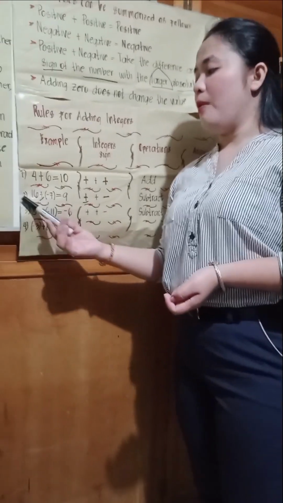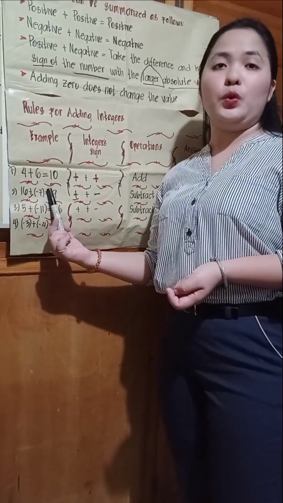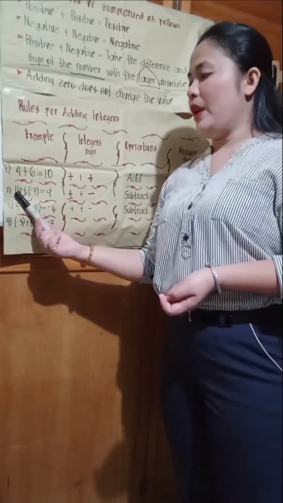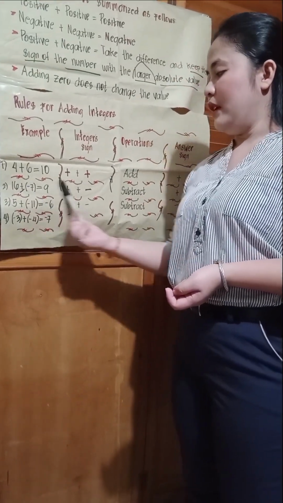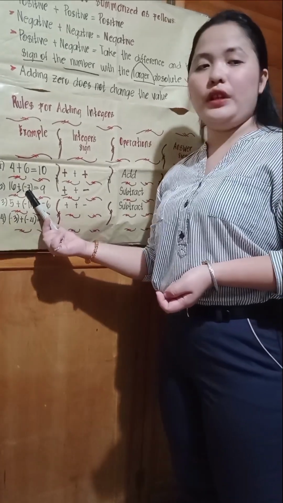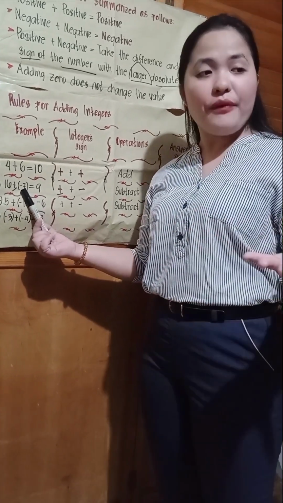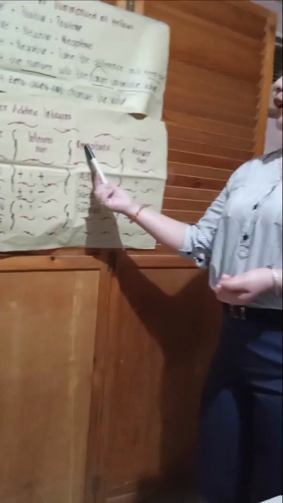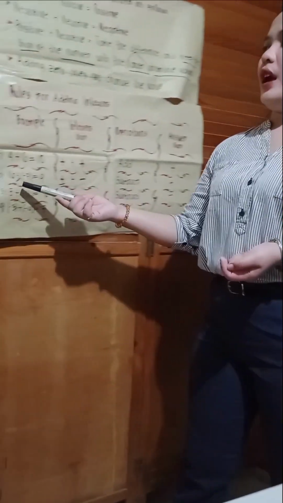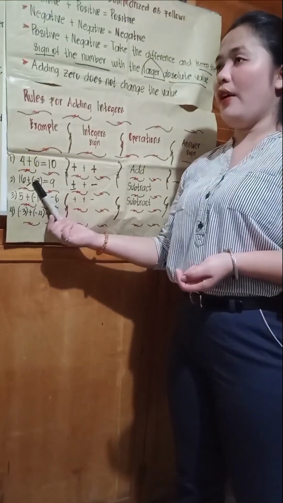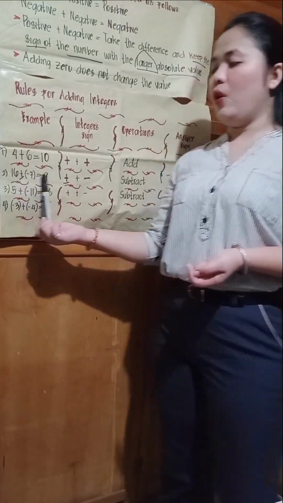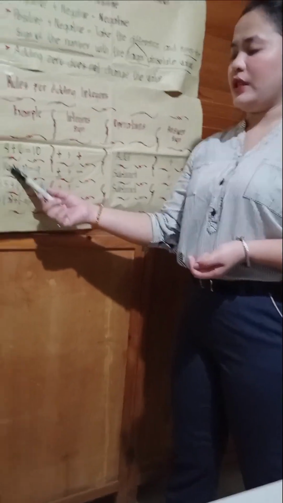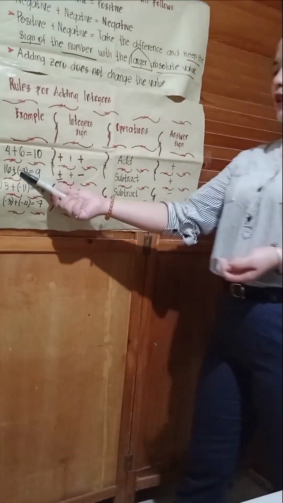Here, number 2: positive 16 plus negative 7 is equal to positive 9. So integer sign. Okay, very good. Positive and negative. Since ang sign dito sa 7 is negative, negative ang isulat natin dito. So here, operations: since they are not the same sign, we're going to subtract the two integers, which is 16 and negative 7.